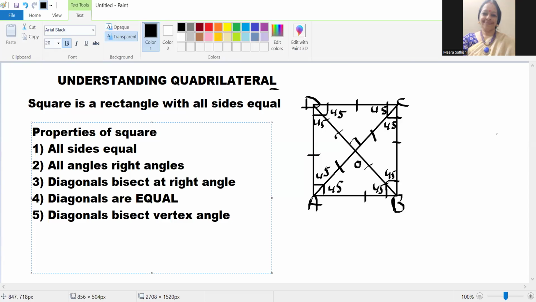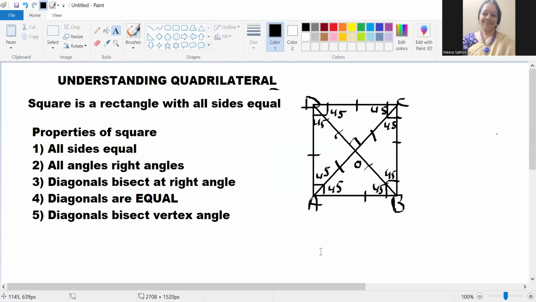Clear now? About all the properties, square has got all the qualities.